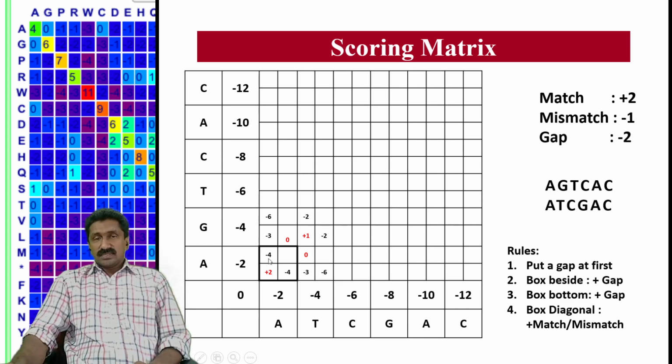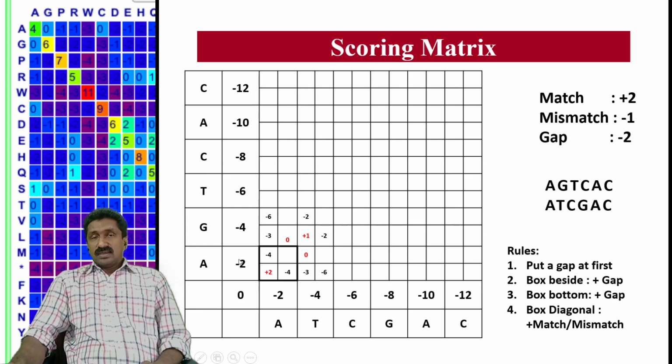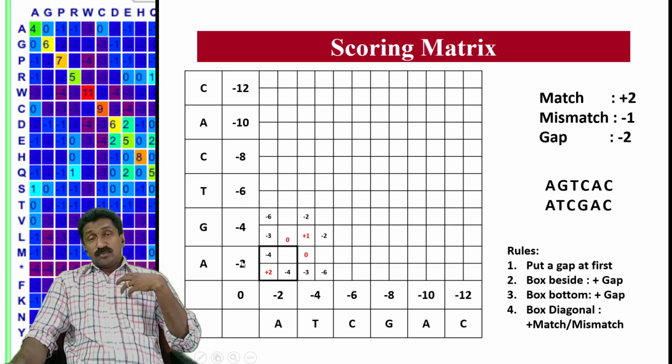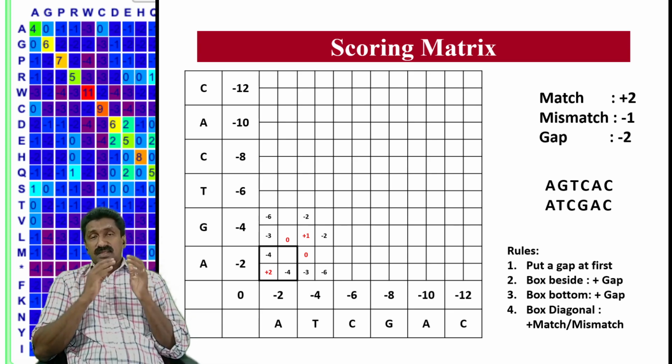So one possibility, from the diagonal cell at the bottom left of this cell, is assigned a +2 value, because A and A are matching: 0 plus 2 means a +2 value. Another possibility is that you may try to insert a gap in that sequence.